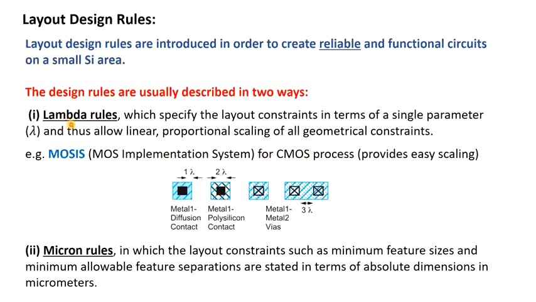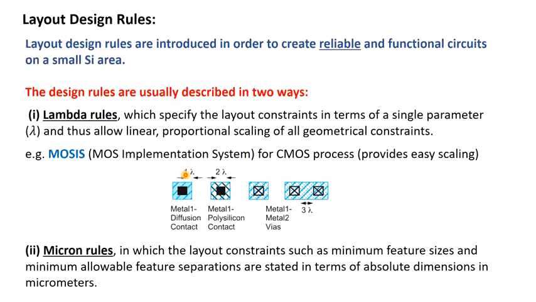Now, using this lambda based design rule, suppose for this metal 1 to diffusion plane contact, the separation between this edge and this edge has been defined as 1 lambda. Then if you switch the technology node from 4 micrometer to 2 micrometer, only the value of lambda will change.